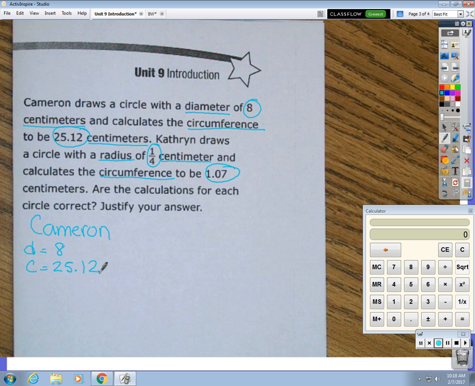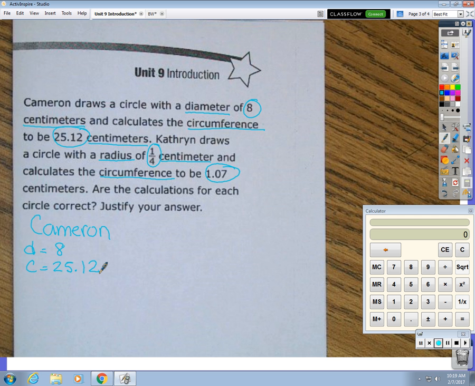We know the diameter and we know the circumference. Is there supposed to be a relationship between the circumference of the circle and its diameter? Yes. And what is that supposed to be? Pi. C divided by D equals pi. Do we know C? Yes. Do we know D? Yes. So we can see if these are correct by finding the ratio or solving to see if we get pi.